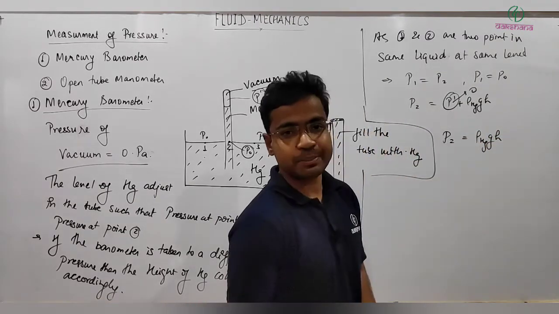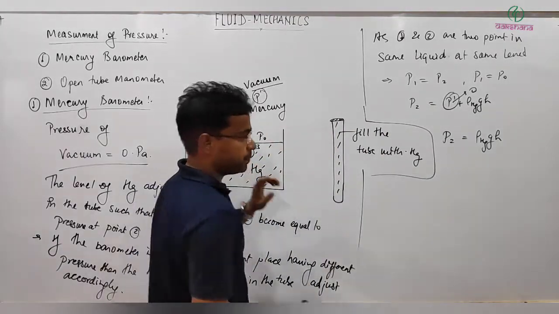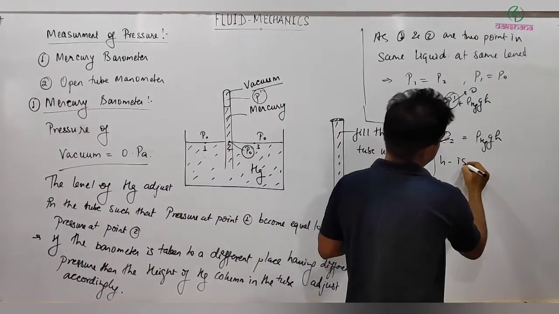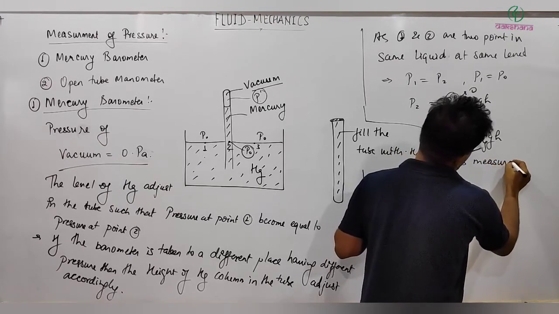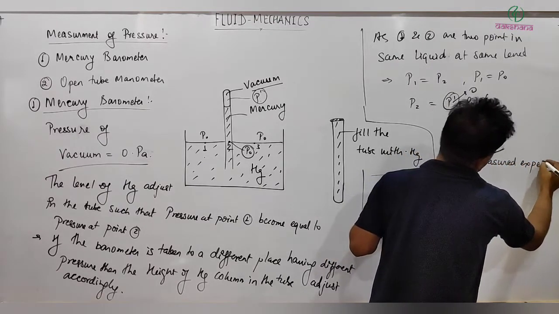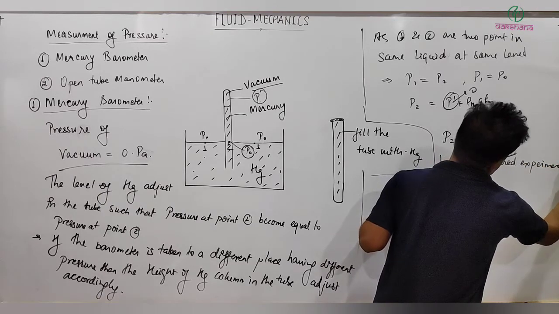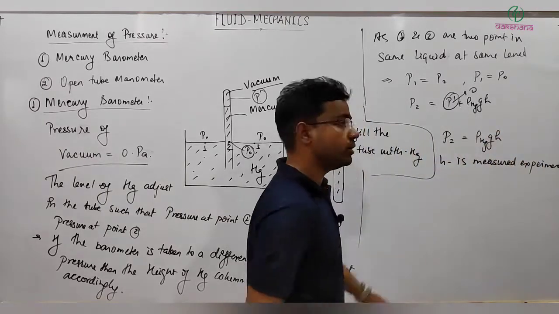So I can write P2 is equal to simply rho mercury G into H. And the height H is measured experimentally. The density of mercury we already know.